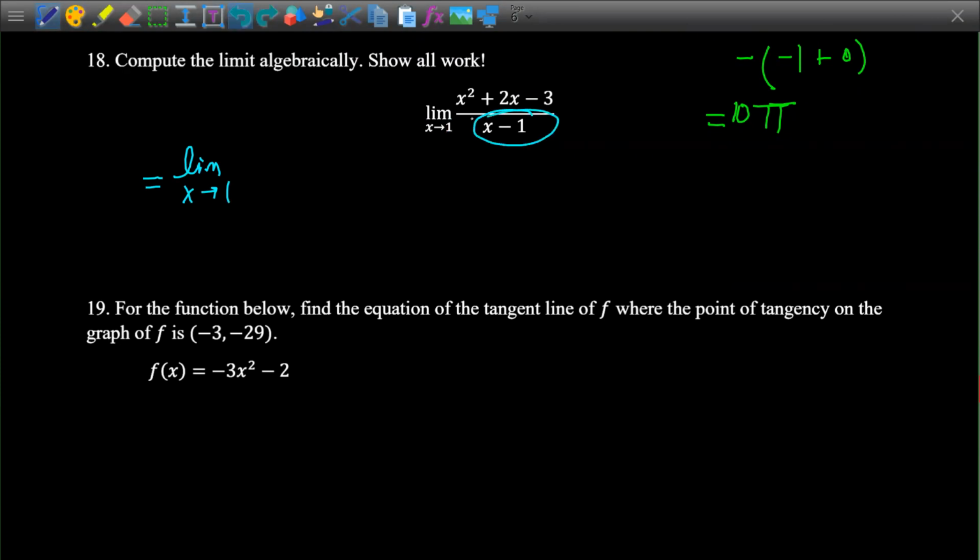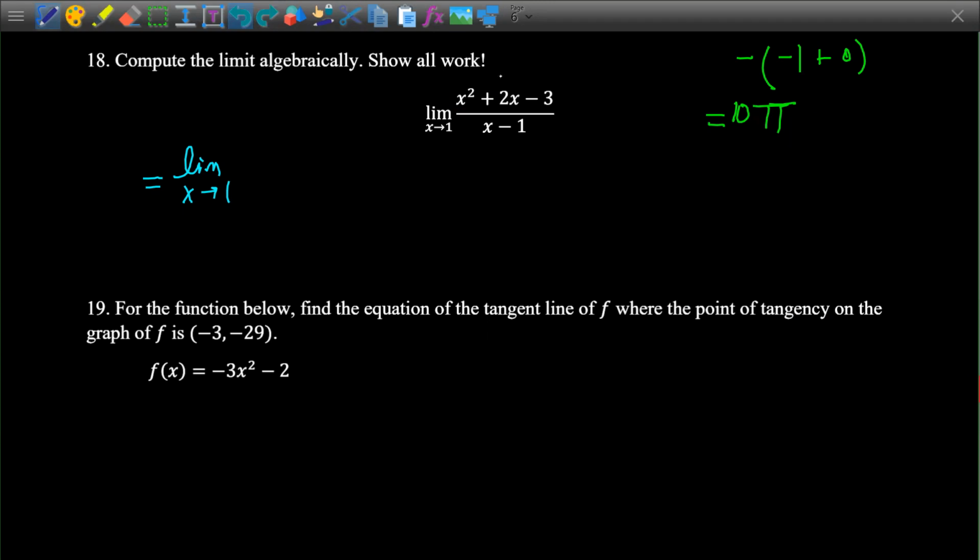Well, the answer is no, because then we have a 0 in the denominator, and a 0 in the numerator as well. So we need to come up with something else. Well, you want to take a look and see if you can factor, with the hope of canceling some factors and coming up with an equivalent function that you can plug 1 into.